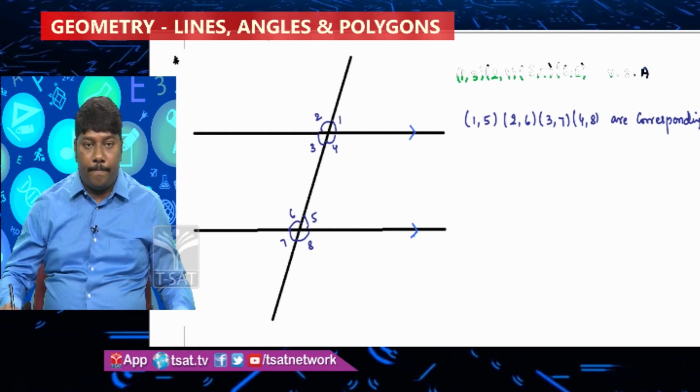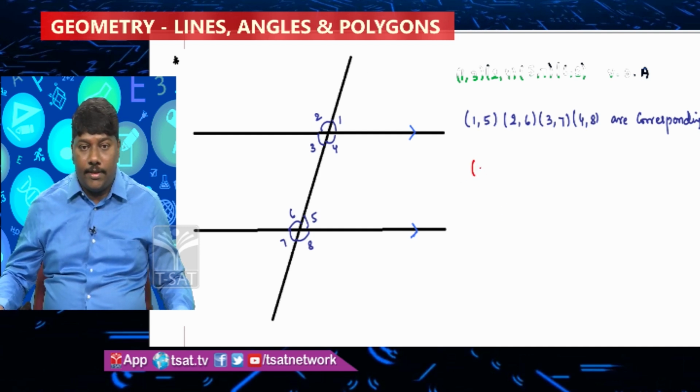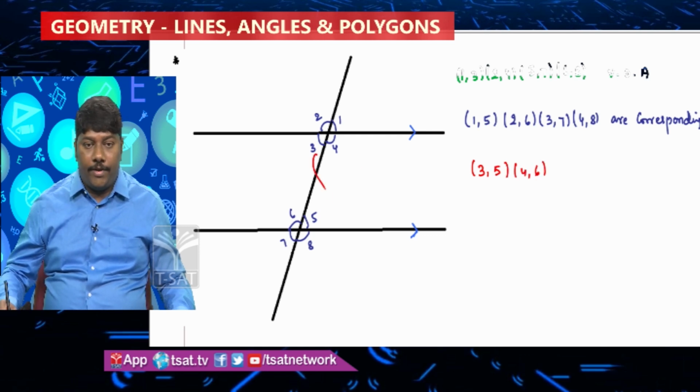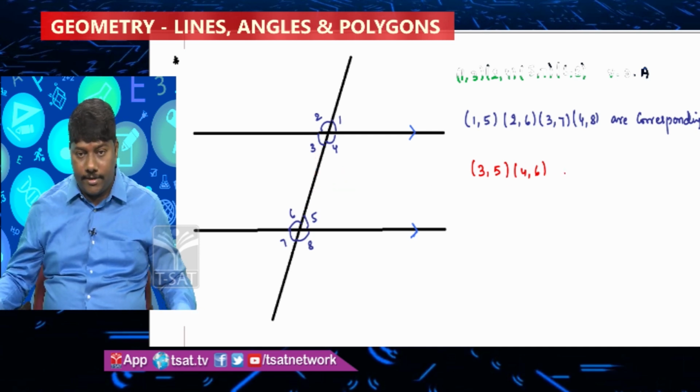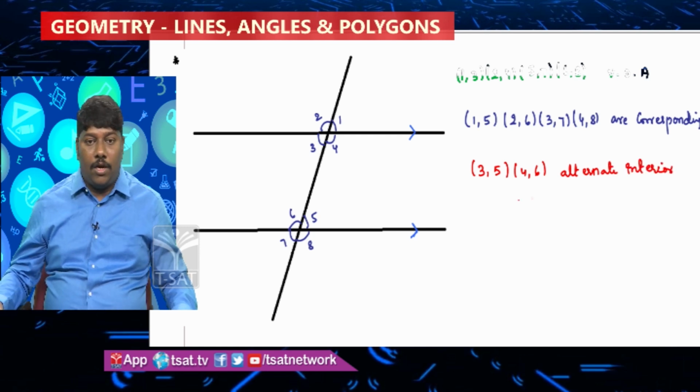Now, look at angle 3 and 5, angle 4 and 6. You call them alternate interior angles. These alternate interior angles are also equal.